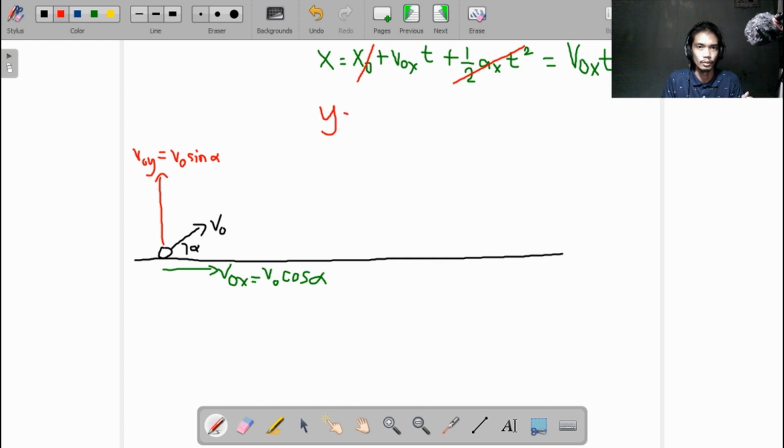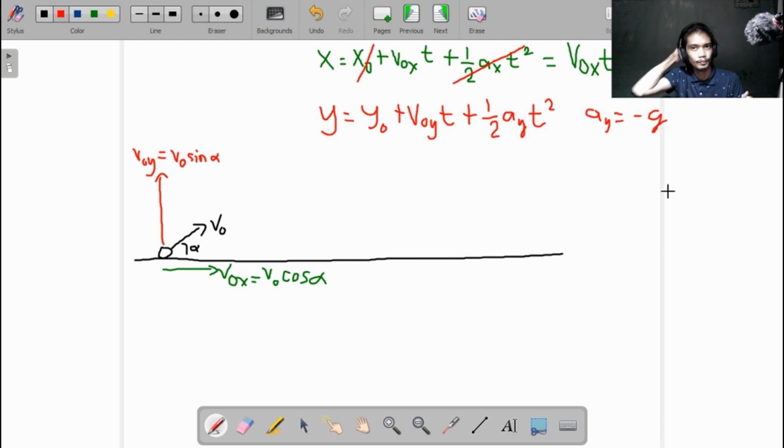Now we go with y. y is just the same, but all x changes to y. So y of 0 plus v0y t plus 1/2 acceleration in your y component multiplied by t squared, whereby we assume that your acceleration in the y component is equal to minus g.